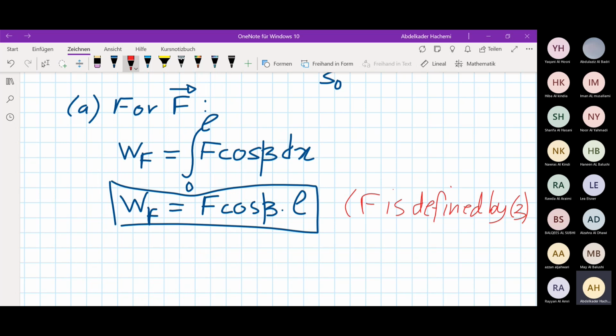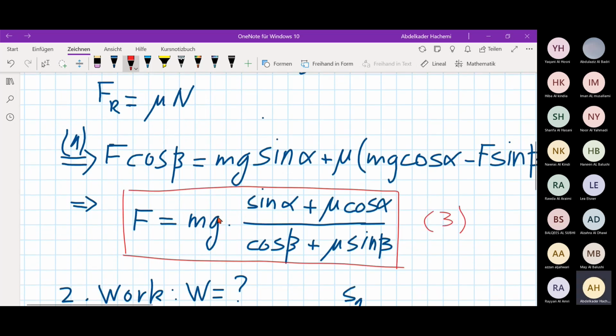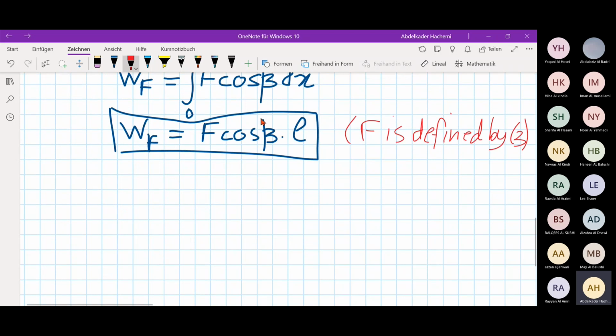We have only to replace F, this expression here, in this equation. L is given, beta given, F also, then we can determine the work.